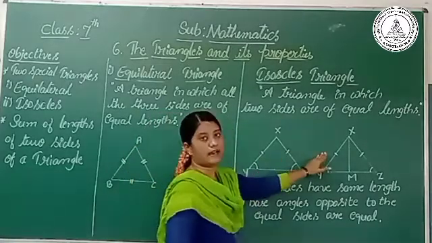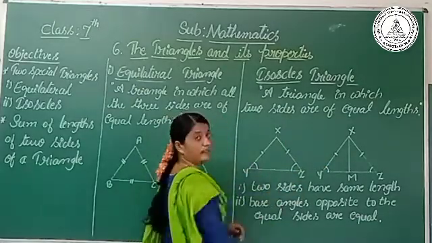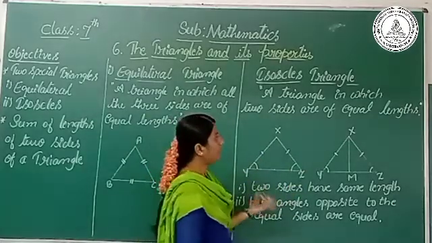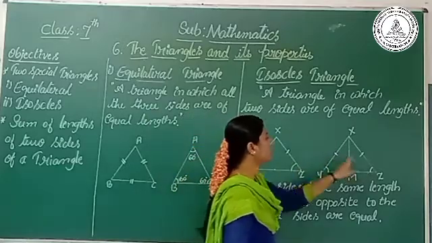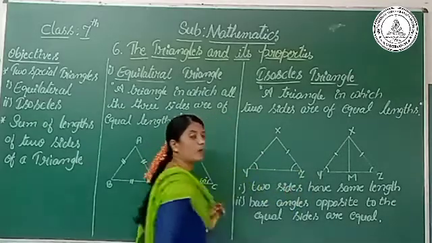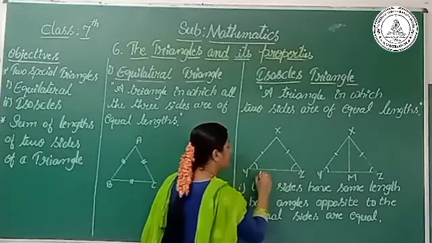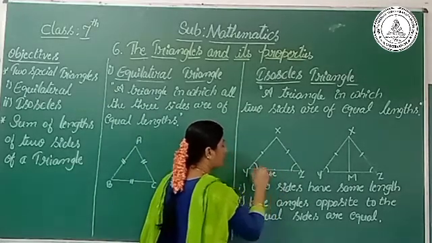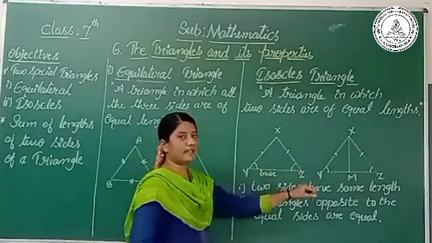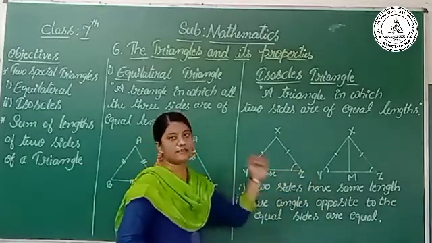In this triangle XYZ, the sides XY and XZ are the same in length, and YZ is of a different length, so it is called the base of the triangle.